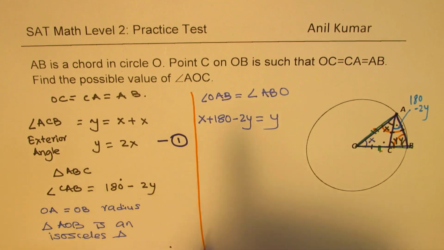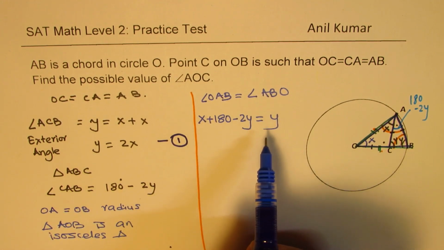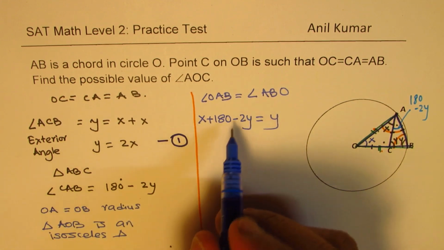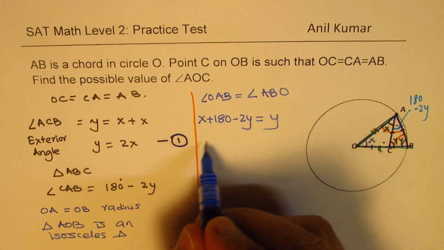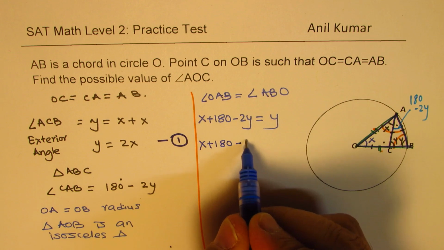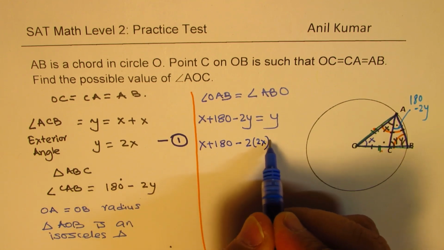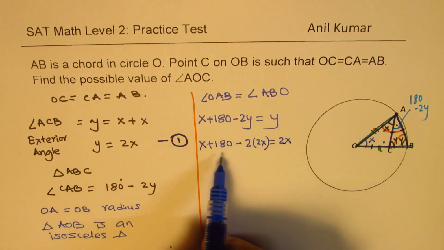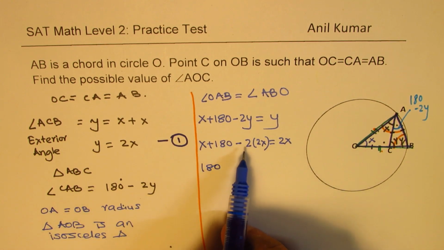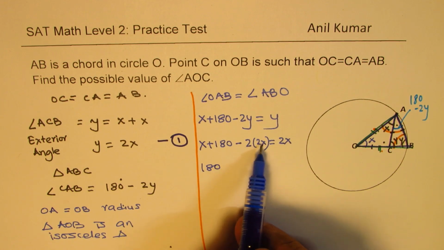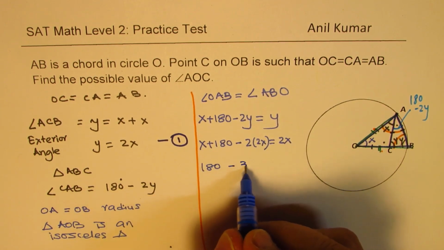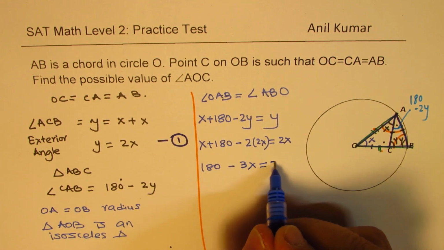Now we can take Y's on the same side, and to get the same equation, we can also replace Y with 2X. So what we get here is X plus 180 minus 2 times 2X equals 2X, correct? So we get an equation only in X. So we have 180, that is 4X, 2 times 2, and this is X, that means minus 3X equals 2X.